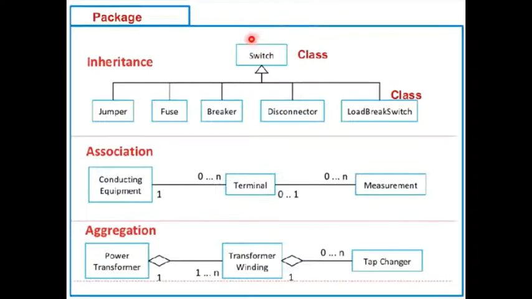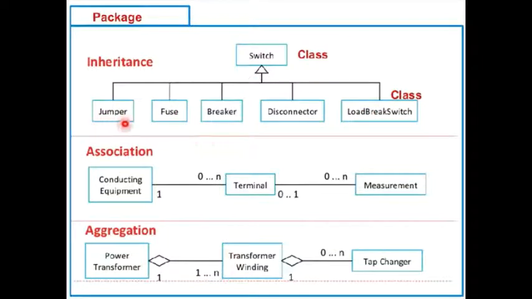So in addition to the properties given by the parent class, they may have some of their own properties also. So that's why we have different classes which are the child classes derived from switch class.